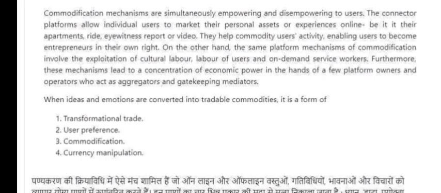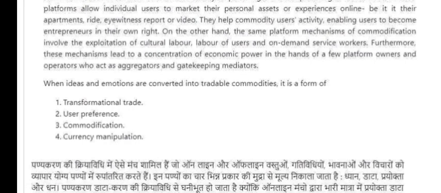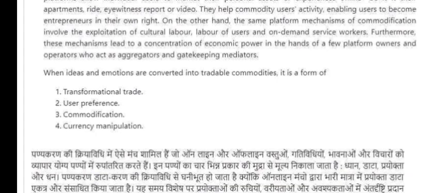The connector platforms allow individual users to market their personal assets or experiences online, be it their apartments, ride, eyewitness report, or video. They help commodify users' activity, enabling users to become entrepreneurs in their own right.